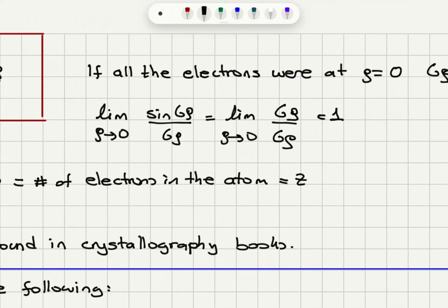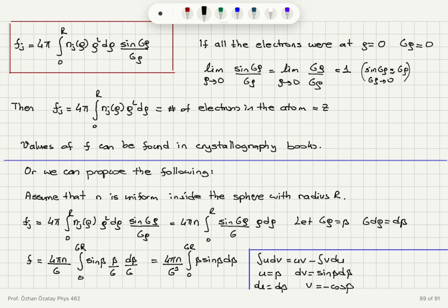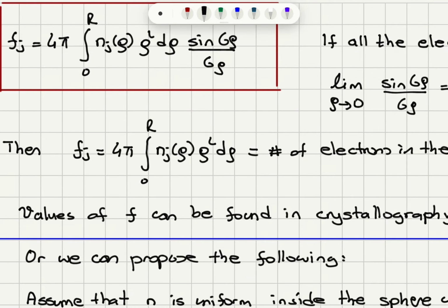Sine theta for small angle theta is approximately equal to theta, so sine g rho is approximately equal to g rho as g rho goes to 0. This is from Taylor's expansion of the sine function. So g rho over g rho is 1. Therefore, in that limit, this part becomes 1. So then my integral becomes f_j equals 4 pi integral from 0 to r of n_j of rho, rho squared d rho.